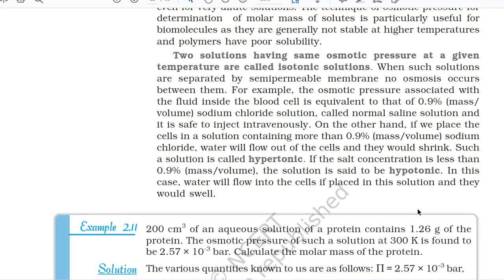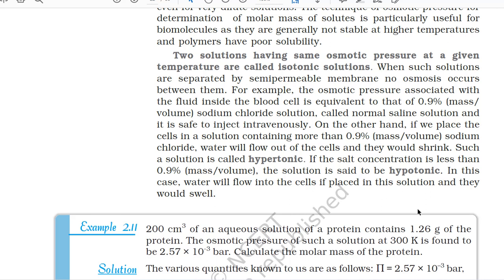For example, the osmotic pressure associated with the fluid inside the blood cell is equivalent to that of 0.9% (mass per volume) sodium chloride solution, called normal saline solution, and it is safe to inject intravenously. On the other hand, if we place the cells in a solution containing more than 0.9% mass per volume sodium chloride, water will flow out of the cells and they would shrink.